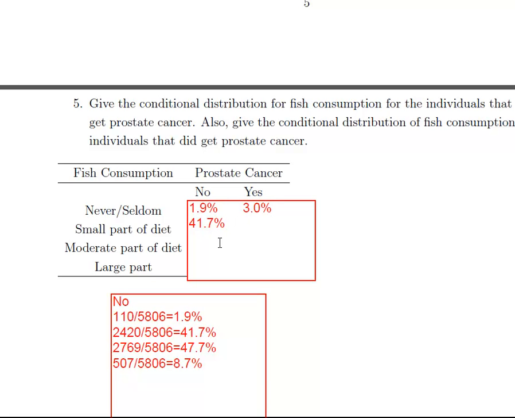And for this one, it'd be 201 divided by 466, which would be 43.1%. Then we have 47.7%. And then we have 209 divided by 466, or 44.8%. And then the large part would be 8.7% and 9.0%. All right, that's it.